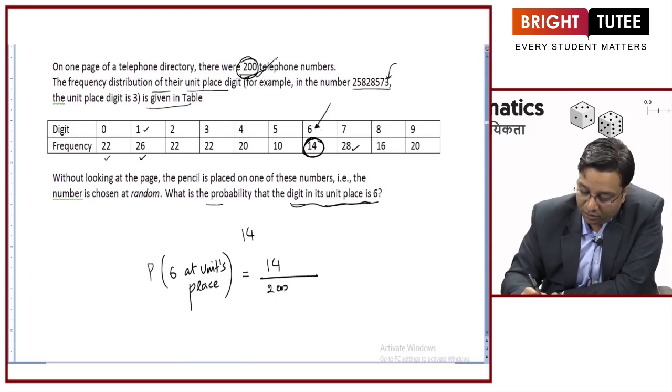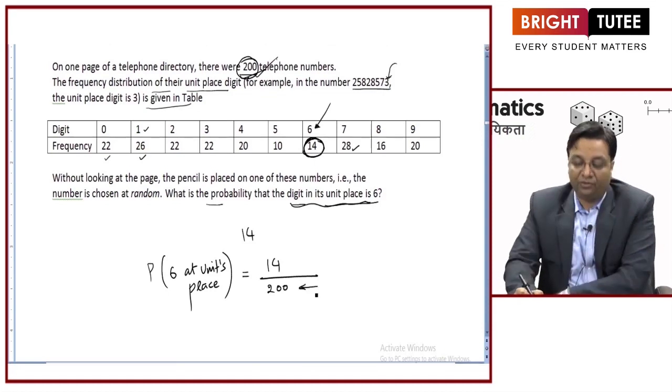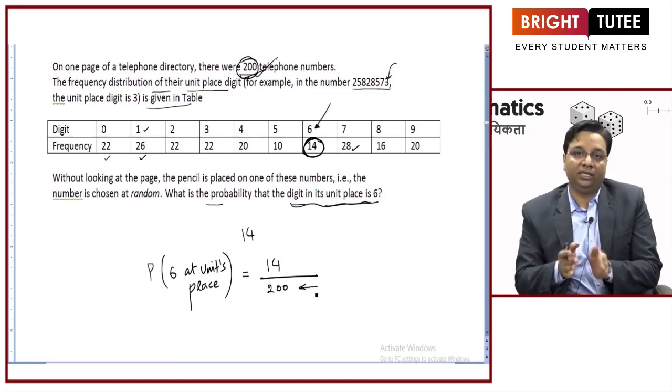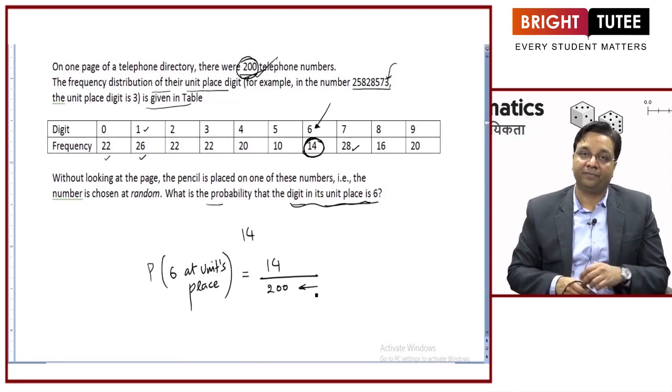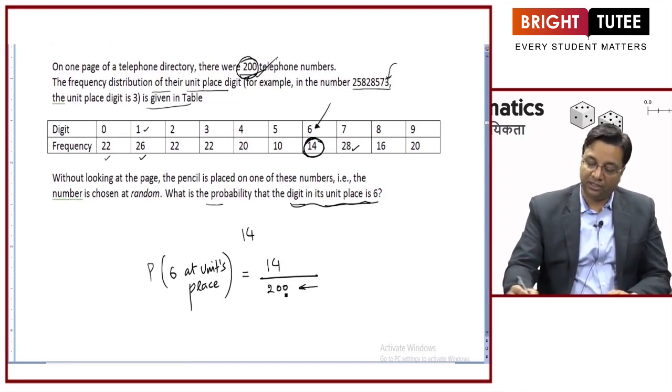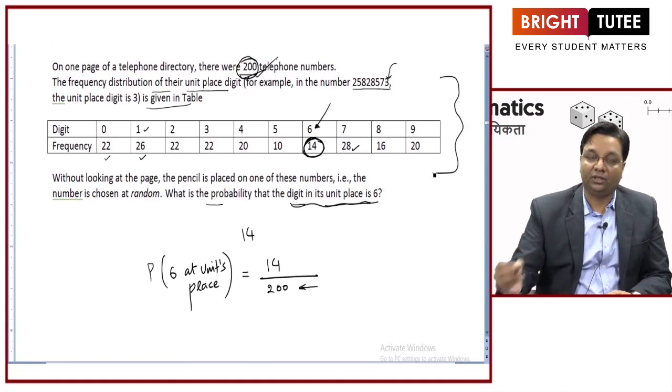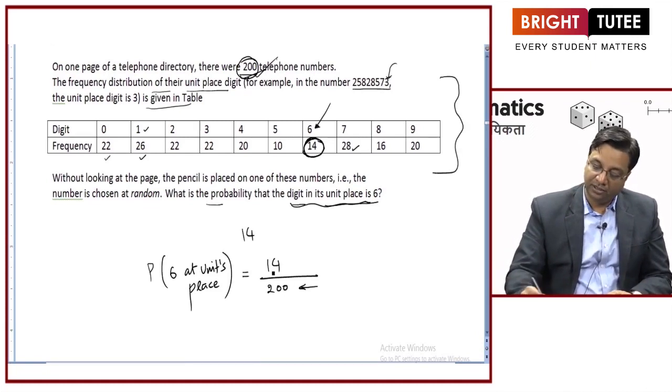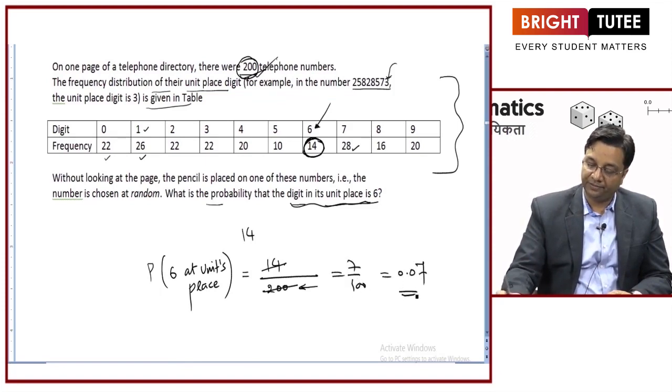Because this is the total number of telephone numbers that we are including in this particular experiment, right? So 14 by 200 is the probability, which is experimental probability and is based on this particular data. So it will be equal to 7 by 100, that is 0.07.